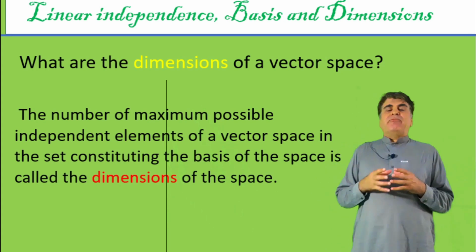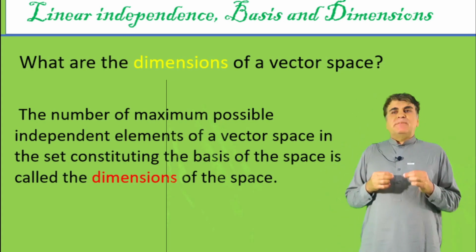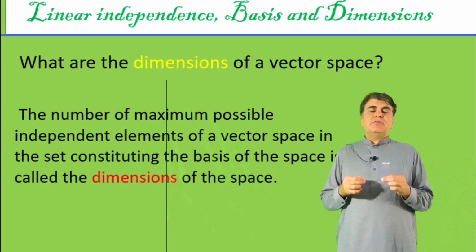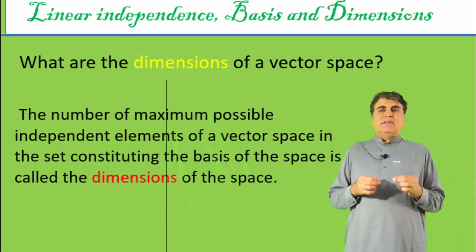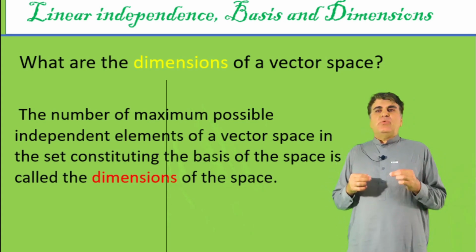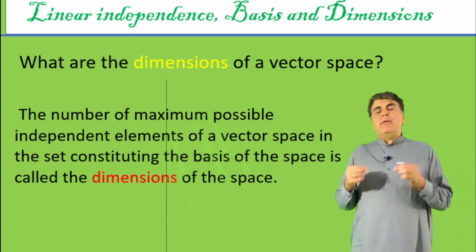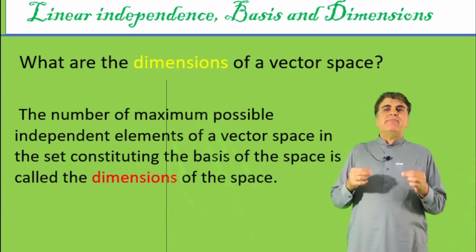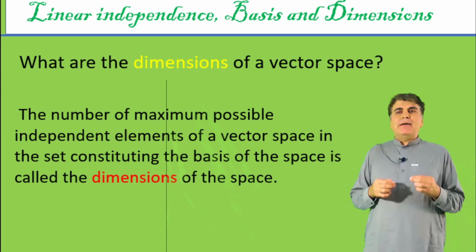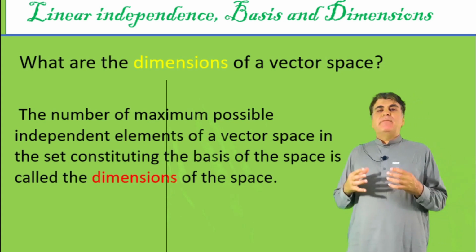Just for the sake of reminiscence, the nature of the bases depends on the nature of the space, that is, whether the space deals with square matrices, column matrices, or with functions. Accordingly, the basis takes the same form.